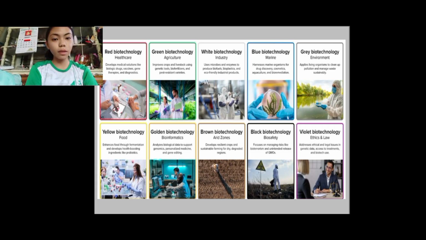Now, these are the classifications of biotechnology. We have red biotechnology, which means healthcare, green biotechnology, which is agriculture, white biotechnology, which means industry, blue biotechnology, which means marine, gray biotechnology, which means environment, yellow biotechnology for food, golden biotechnology for bioinformatics, brown biotechnology for arid zones, black biotechnology for biosafety, and violet biotechnology for ethics and law.